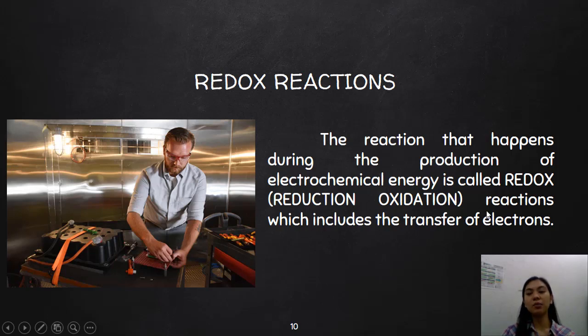As I've stated before in the previous videos, electrical energy is brought about by the flow of electrons, and electrochemical energy is actually a reaction that includes the transfer of those electrons.